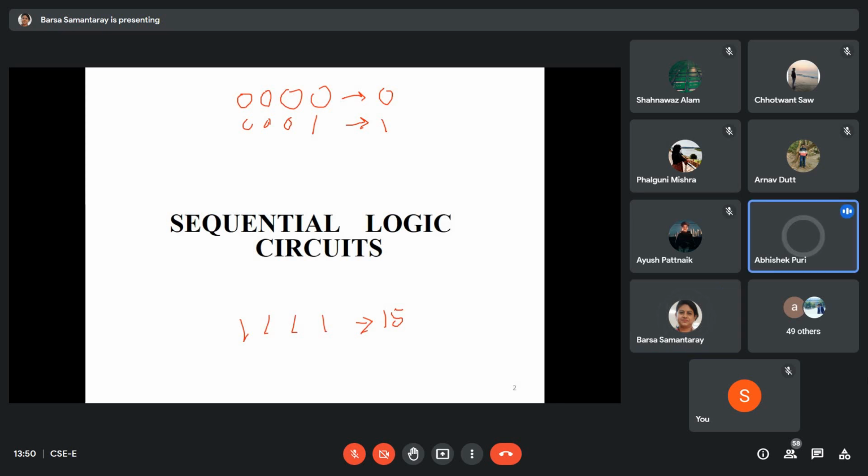So now tell me, here we have 4 bits, and to store a single bit, which device are you using in digital? Flip-flop. So to store 4 bits, how many flip-flops? 4 flip-flops.